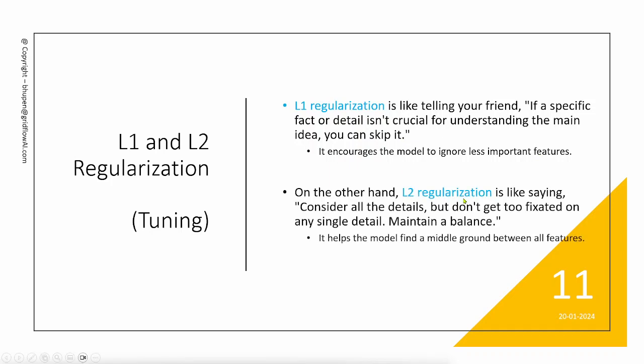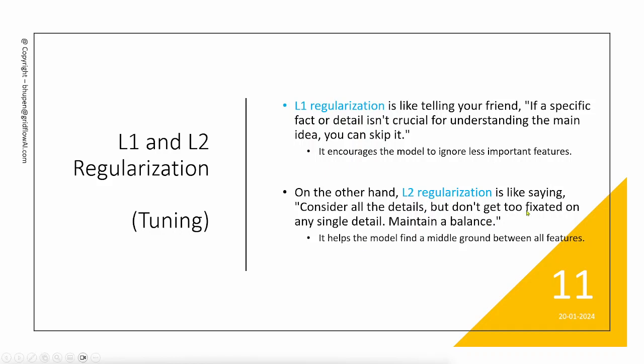On the other hand, L2 regularization is like saying, okay, you consider all the points, but don't get too fixated on every detail, but rather maintain some kind of a balance. That means you're not completely ignoring every detail. In fact, you're considering all the details, but from a distance.